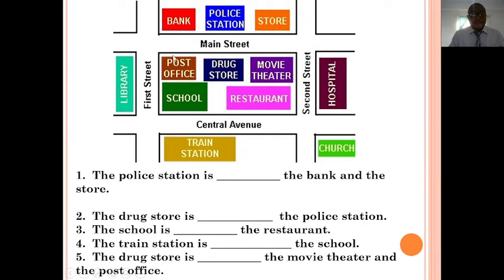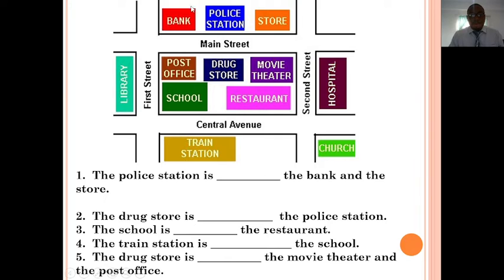Again, post office. Drugstore. Movie theater. School. Restaurant. Then we have the Central Avenue. Again, Central Avenue. Train station. Church.